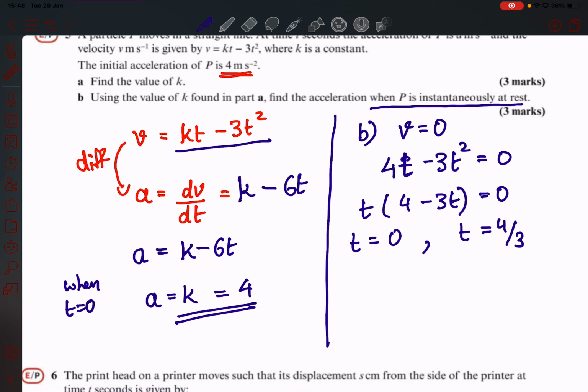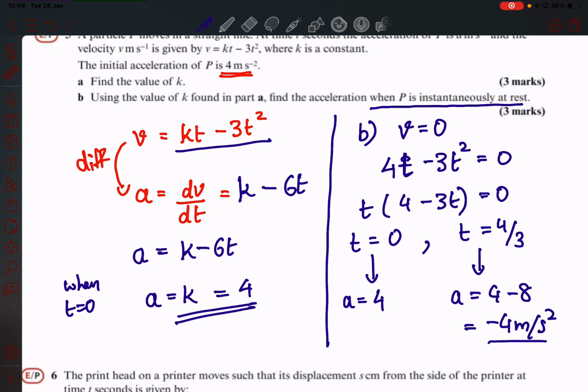When t is equal to 0, if I plug in t as 0 in acceleration, I get 4. If I plug in t as 4 over 3, acceleration would be equal to 4 minus 8, which is minus 4 meters per second squared.